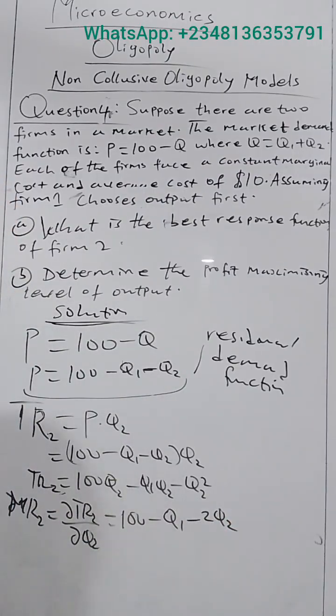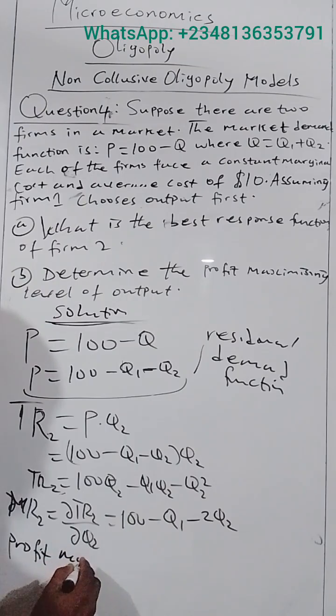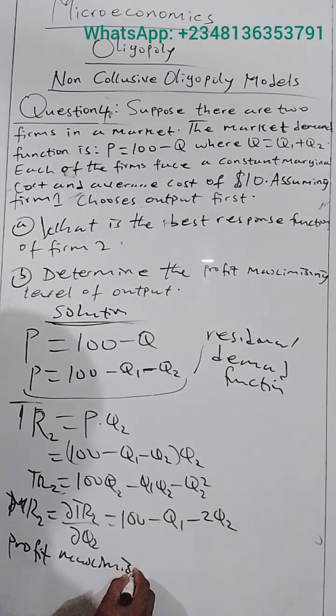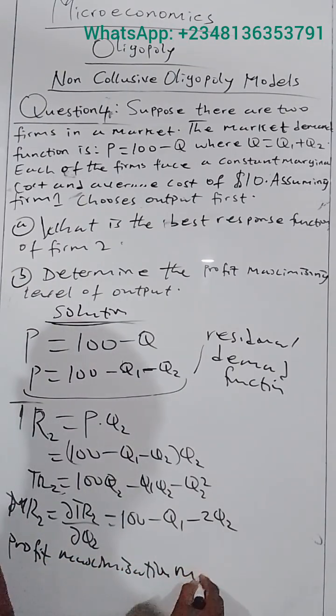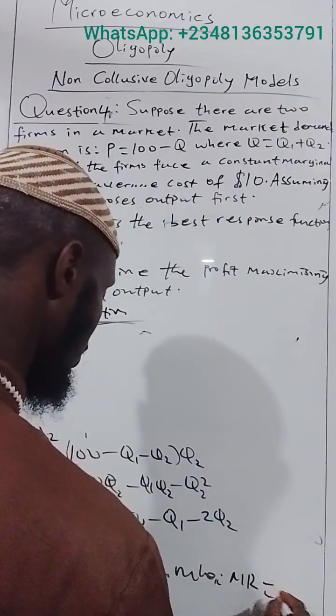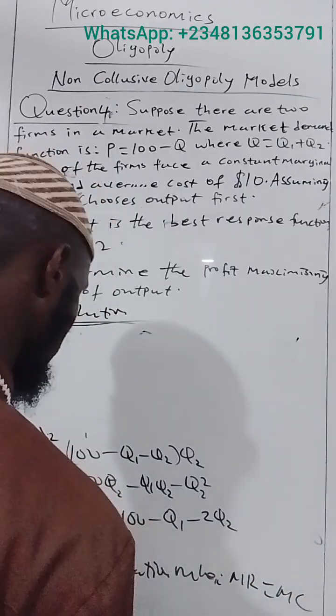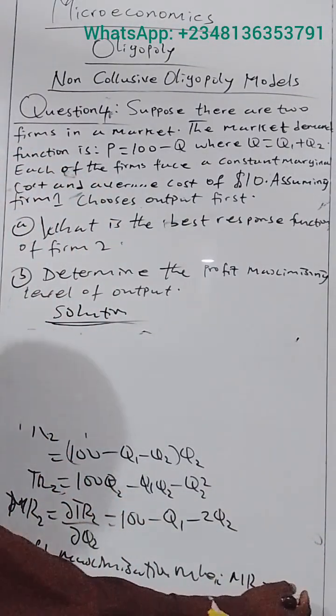Okay, and now remember the profit maximization rule: MR equals MC.